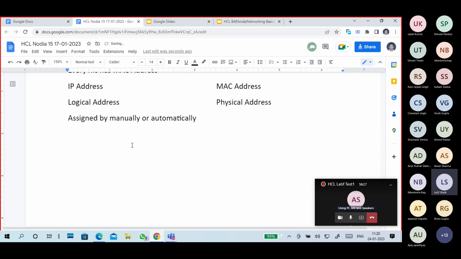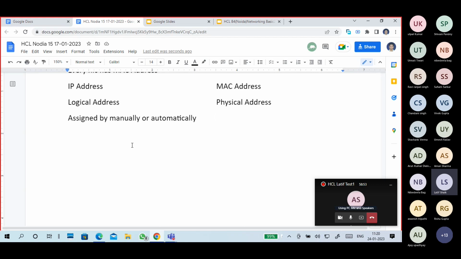A lot of people believe, sir, I have a mobile phone, it is already having an IP address. No, guys, the IP address either should be configured manually or it should get an IP address from a DHCP server. That is called automatic. So an IP address is configured either manually or automatically.